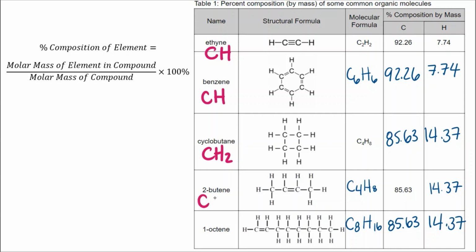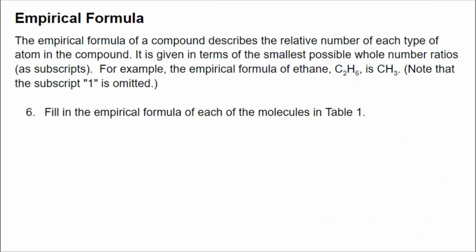Cyclobutane, 2-butene, and 1-octene all have a 1:2 ratio. So 4:8 or 8:16, but either way, that's a 1:2 ratio. So the empirical formula is the simplest ratio. The molecular formula is a multiple of that, twice or 6 times or whatever.